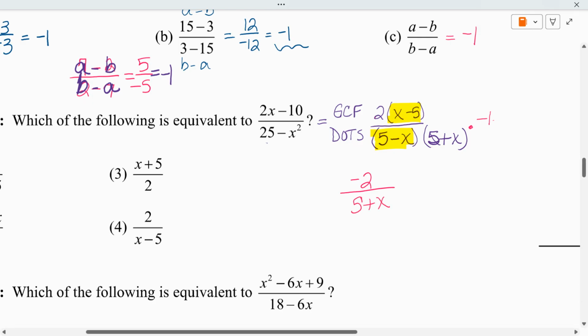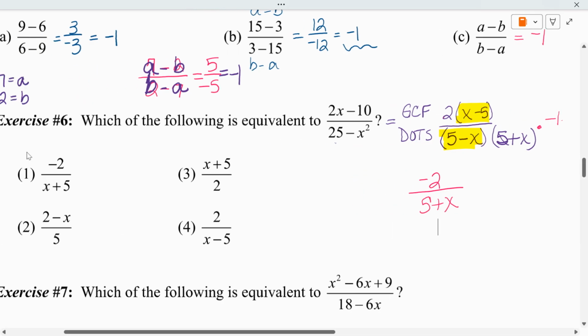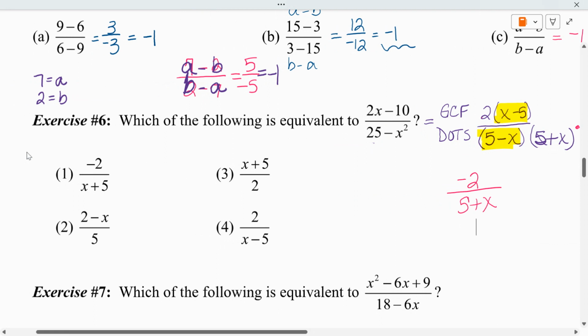Just 5 plus x. So do we see that answer somewhere? It's 1. Why? Because 5 plus x, Reese, you got to keep your eyes open, is the same thing as x plus 5. So it's answer choice 1.